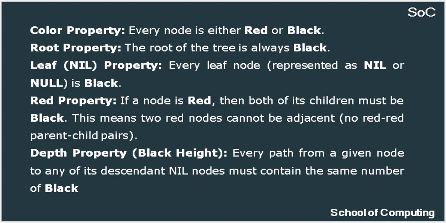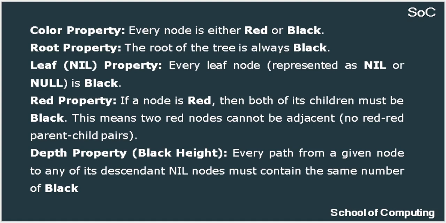Another important property is, in a red-black tree no two consecutive nodes are allowed to be red. Or else you can say parent and child both can't be red. If there are two consecutive red nodes, then it is a violation of this important property and the tree is not called a red-black tree.